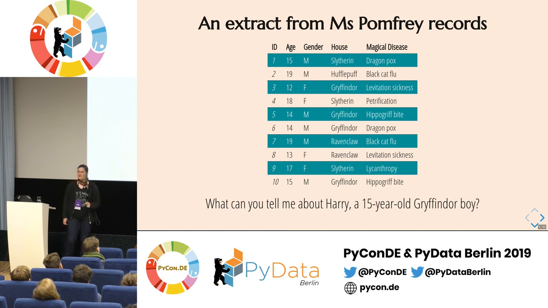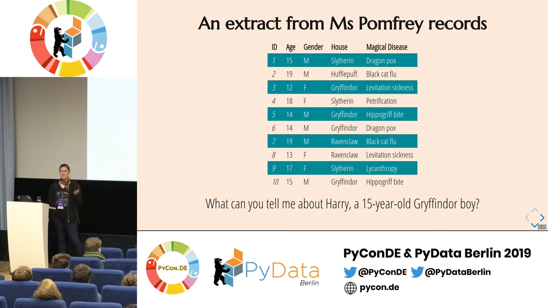You know that he's 15 years old, and you know that he's in House Gryffindor. Okay. So we've got only two 15-year-old boys, and only one in House Gryffindor. So just by knowing public information about Harry, you're able to leak his medical condition. That's the sensitive attribute here.